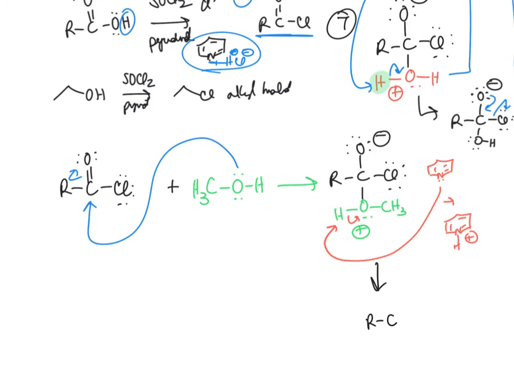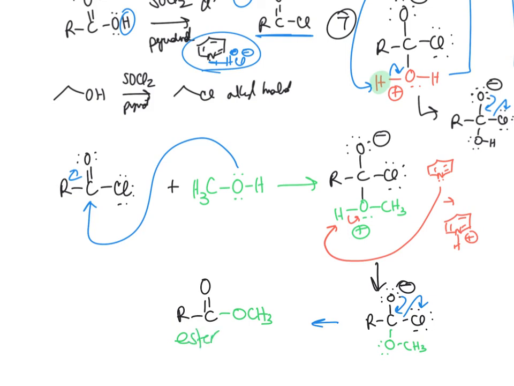So you have this tetrahedral intermediate. And then those electrons will come here, this leaves, and now you have made an ester. So this is an ester. So you went from an acid chloride, you react this with methanol, you get an ester, and this is a methyl ester.